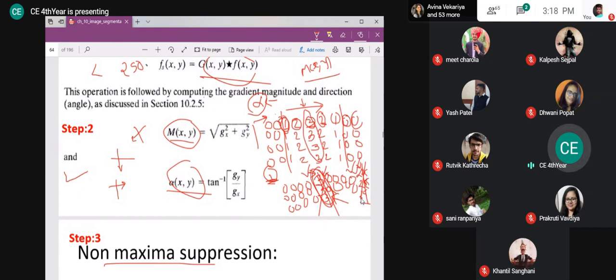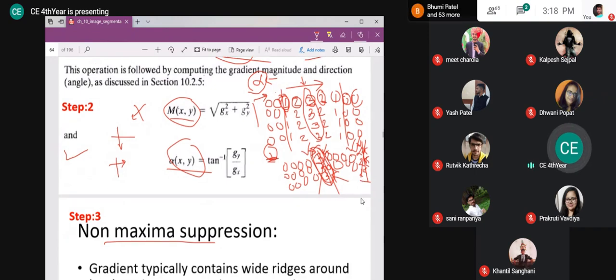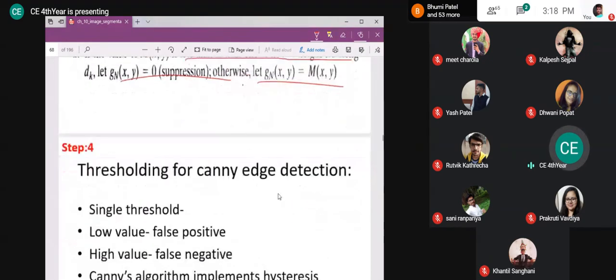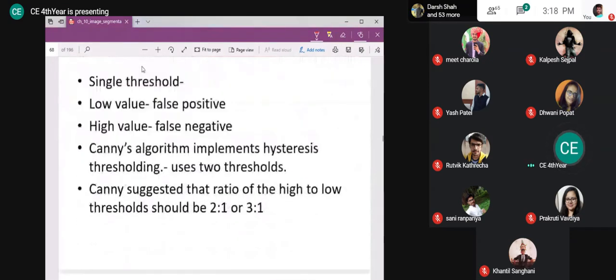I have to choose my threshold in an appropriate manner. If the threshold value is higher, I am finding dominant edges, but I cannot ignore smaller values as well. So for that, I have one more interesting methodology for thresholding.